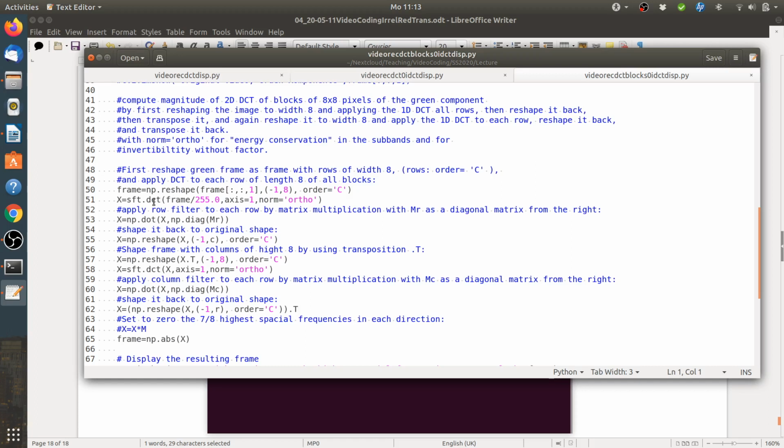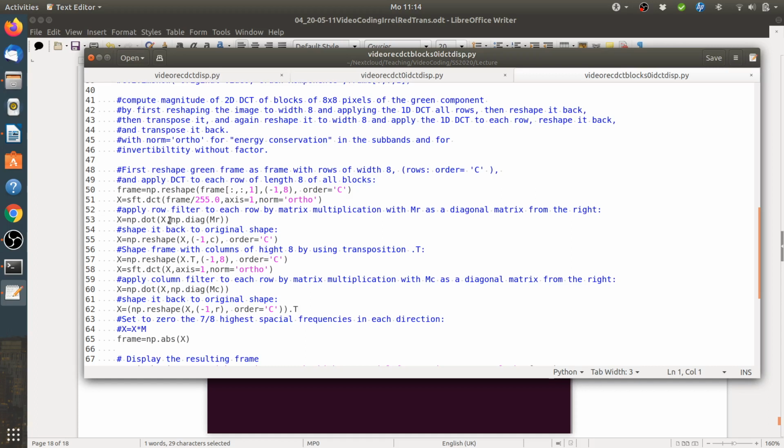After I'm done, I'm applying my mask. Here you can see my mask, and I apply it to the DCT transformed image, which is very narrow. It just contains rows of 8 pixels.